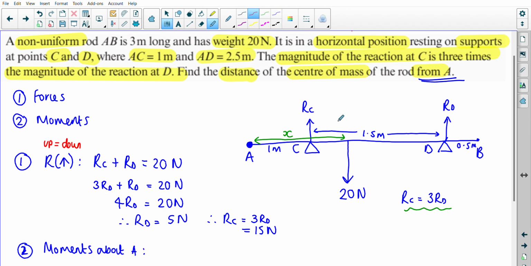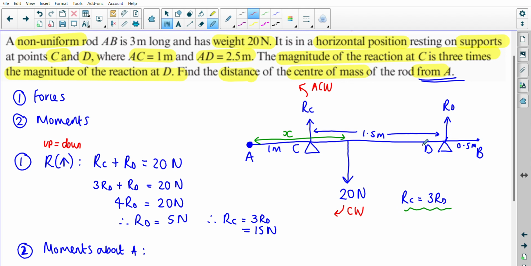Now, what moments have I got? I've got the reaction force of the support C, and that's going to tilt the rod in an anti-clockwise direction. I've got a moment for the centre of mass, which will tilt the rod in a clockwise motion.